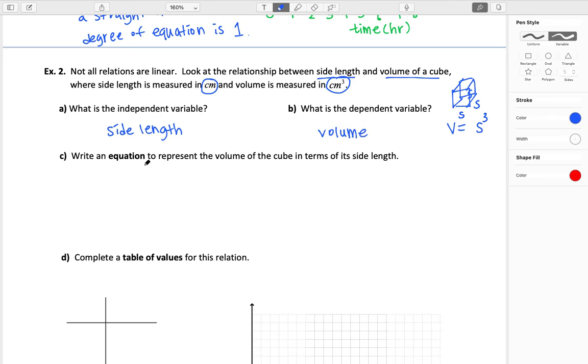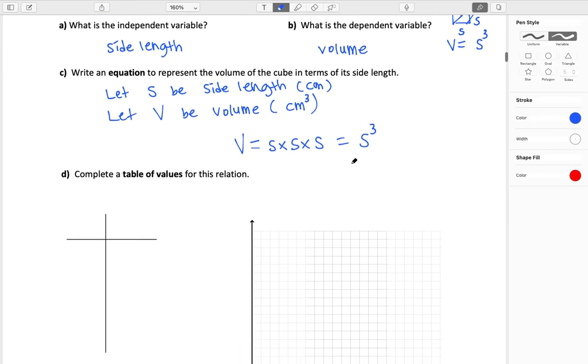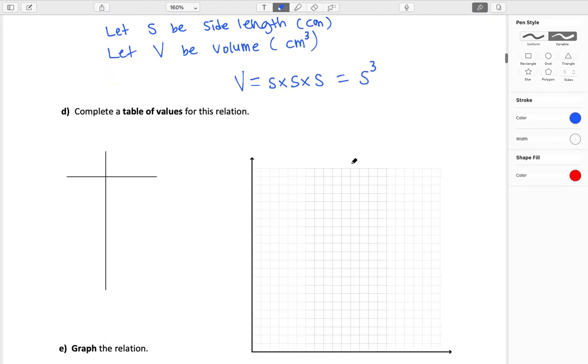So what is the equation? Well, we could say let S be the side length in centimeter, and let V be the volume in centimeter cube. So V is equal to S length times width times height, which is S cube. Now it says complete a table of values for this relation.